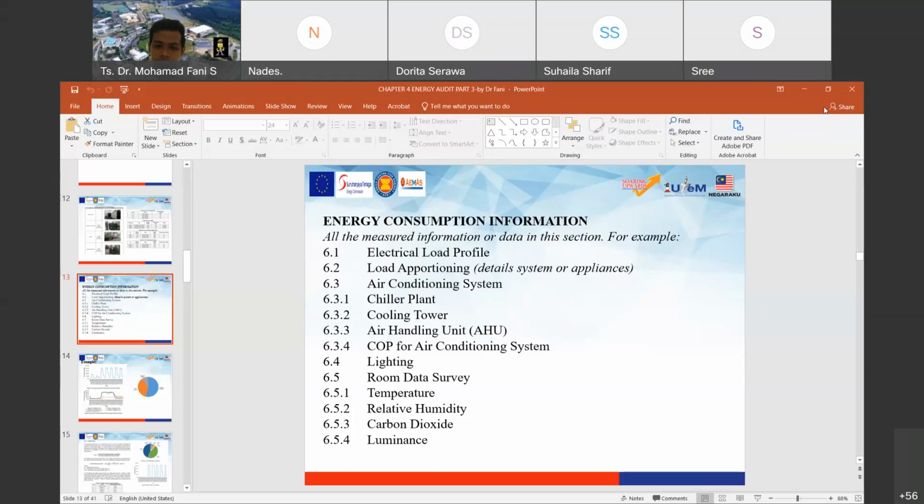You can log in to download the electricity profile from the TNB app or TNB smart meter. The electrical load profile, you can find from the TNB smart meter.